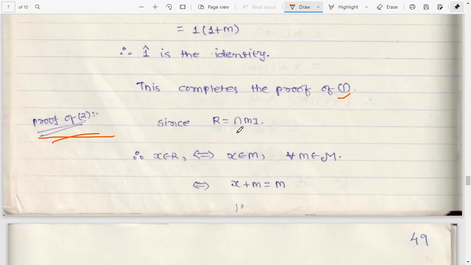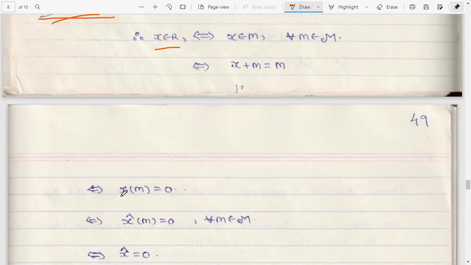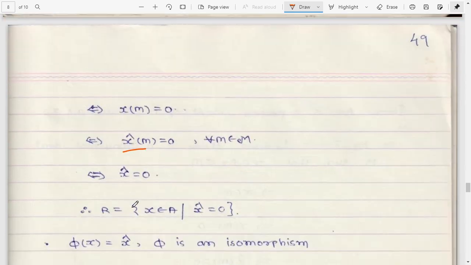Since R is equal to the intersection of maximal ideals, the set of all maximal ideals, x belongs to R if and only if x belongs to M for every M belongs to script M, if and only if x plus M is equal to M, if and only if x of M is equal to x cap of M equal to 0 for every M belongs to script M, if and only if x cap is equal to 0.